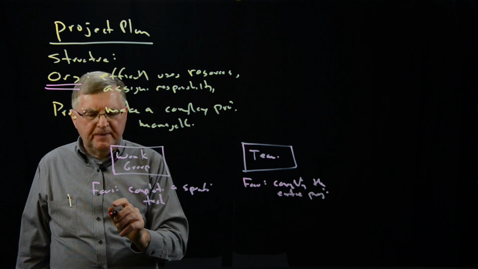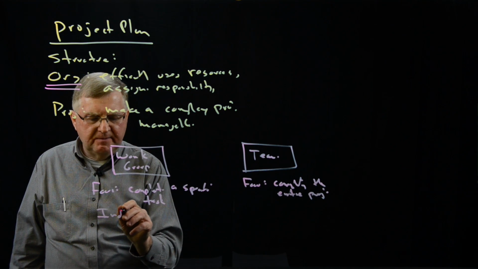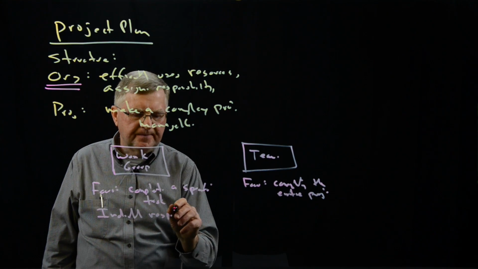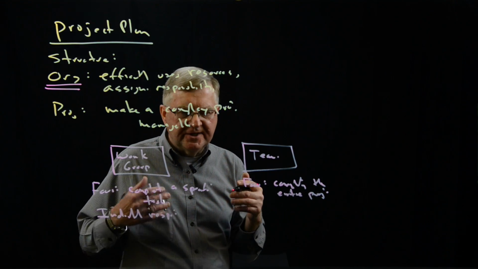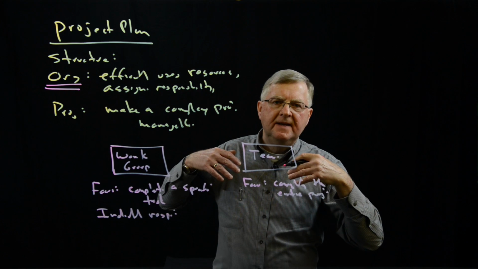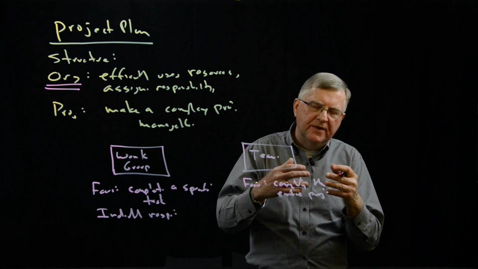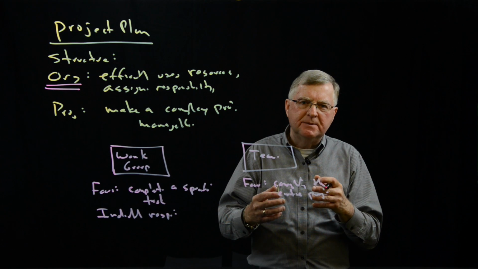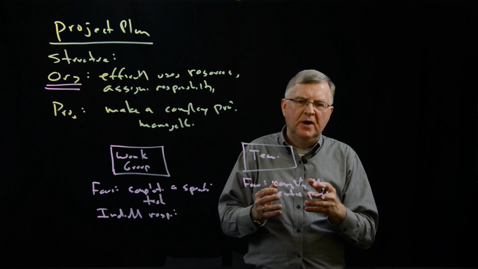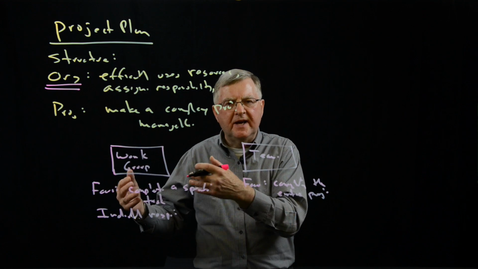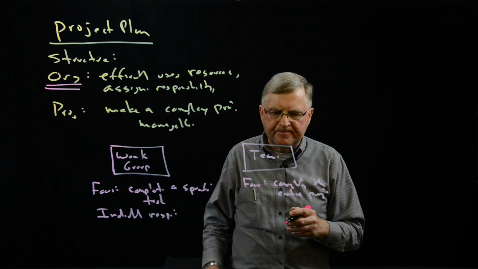In a work group, individual responsibility is key. Each person in the work group is assigned a task, and they individually, or maybe with a few other people, are responsible for completing that task. When it's done, they then move on to another task that's assigned to them.